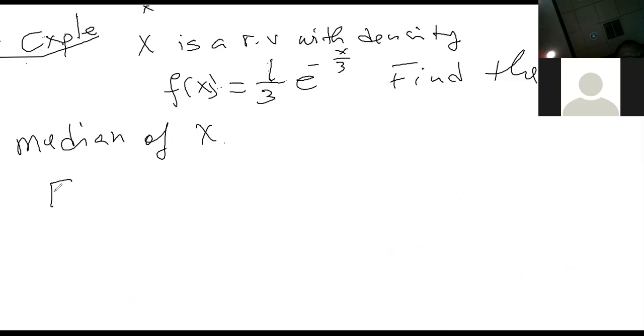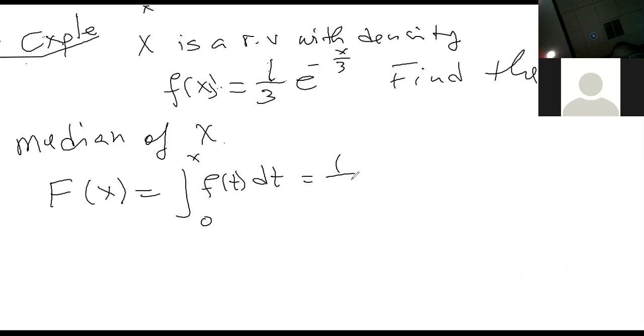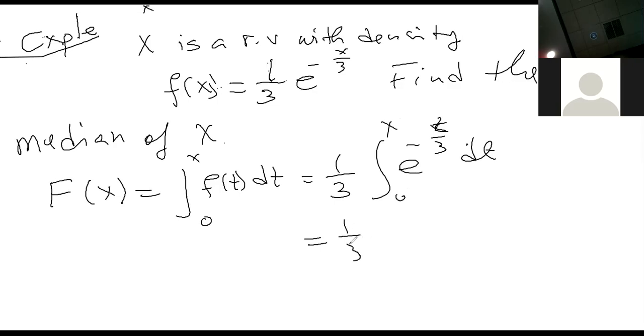So F of x is the integral from 0 to x of f of t dt, which in this case will be 1/3 times the integral of e to the minus t/3 dt.